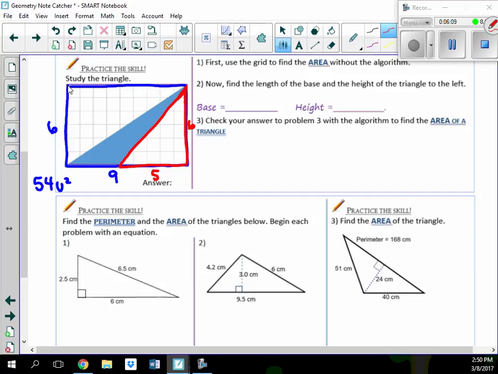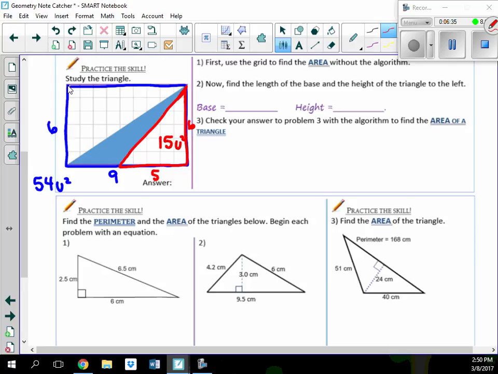So I know 5 times 6 is 30. And then if I divide that in half, the area of this part that I outlined in red, this triangle, is going to be 15 units squared. So I just did the base times the height, 5 times 6, and then I divided that by 2.